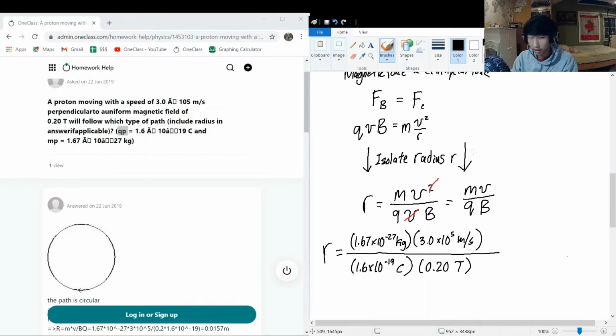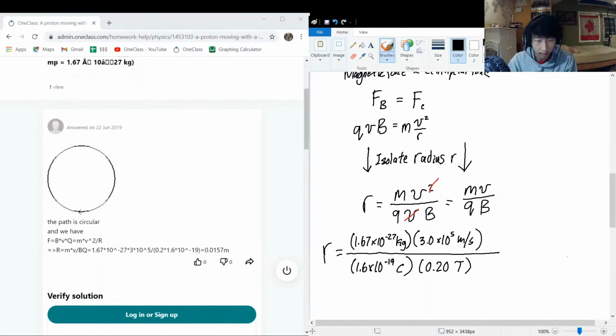The result I got hopefully matches with this one. It does. The result is 0.0156565 meters, which seems reasonable.